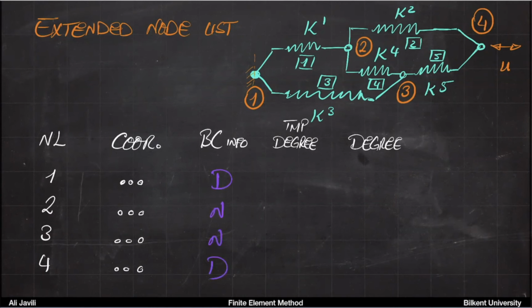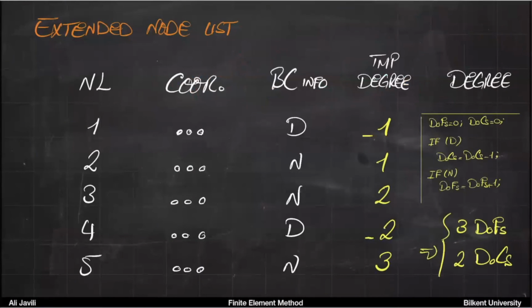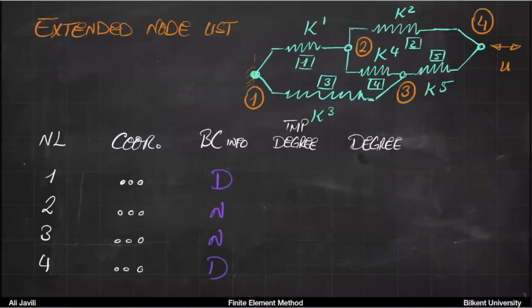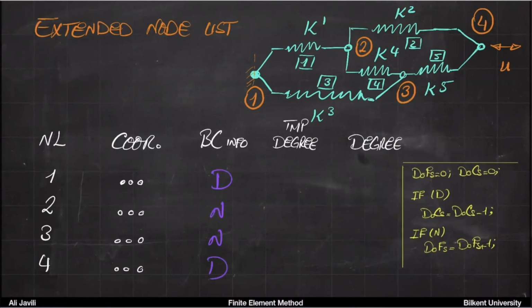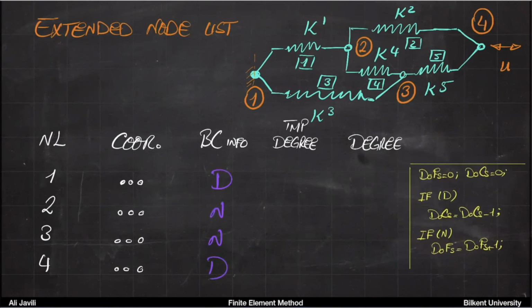Now, based on what we have and this little algorithm that we had previously, so let me just also copy this algorithm for us. Based on this, you can play the same game again.